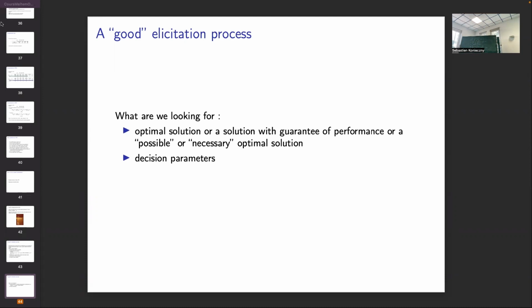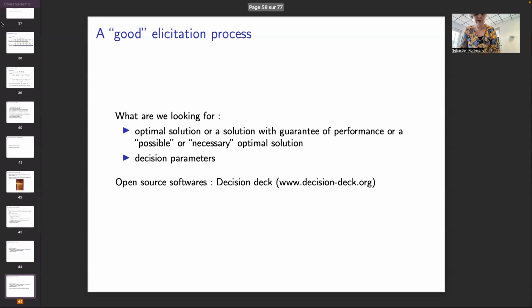So you have to choose the good question to ask. And if you do this, generally you try not to find all the decision parameters, but to know enough in order to find an optimal solution, or a solution with guarantee of performance, or some possible or necessary optimal solutions.